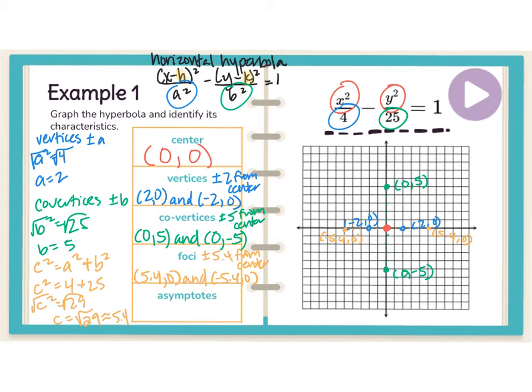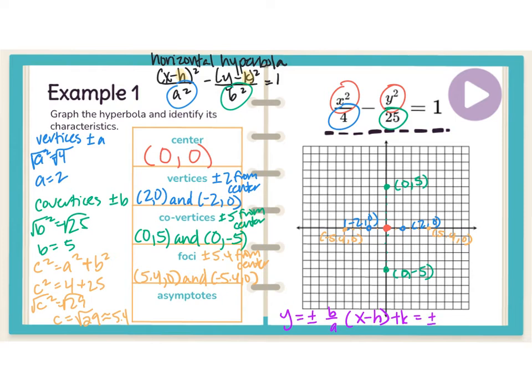And our asymptotes are going to help us actually graph this thing. So we only have a rough idea of the shape of the figure until we find the asymptotes. And remember, the formula for the asymptotes of the horizontal hyperbola is y equals plus minus b over a times x minus h, plus k.